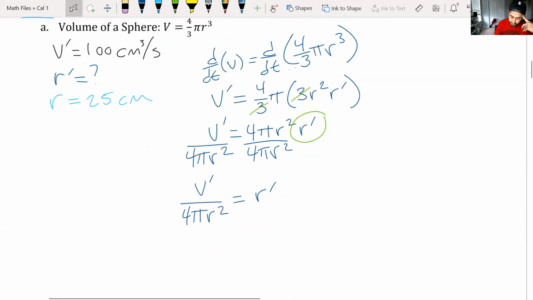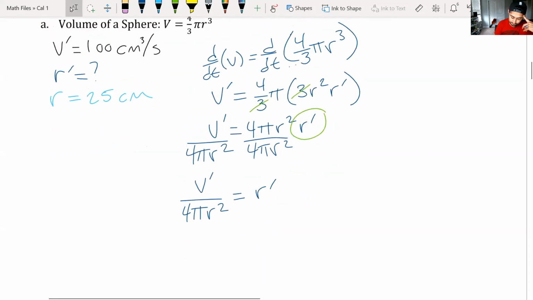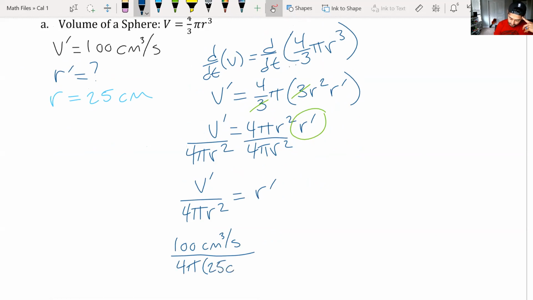I've got tons of room, so I'll just plug them in. Okay, so I have 100 cubic centimeters per second over 4 pi times (25 centimeters) squared.